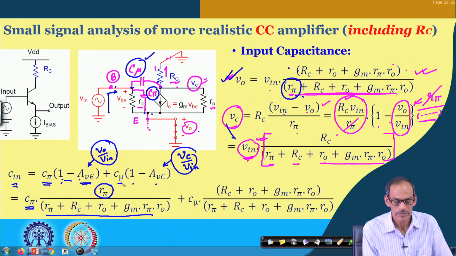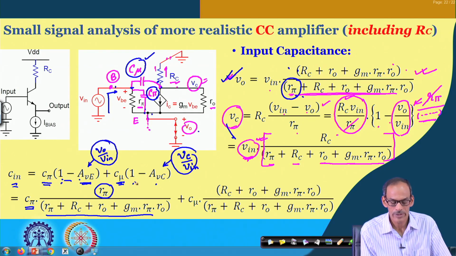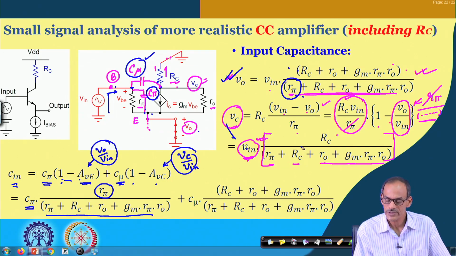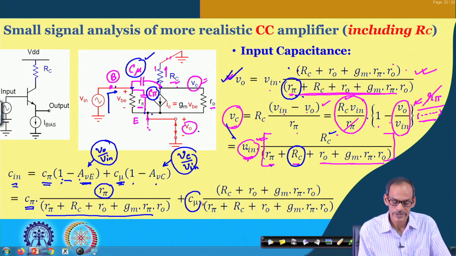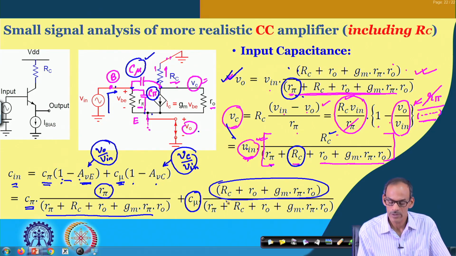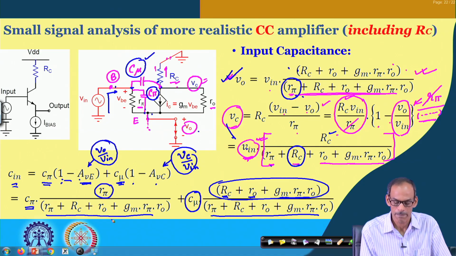Likewise, when you consider the contribution of C mu, and take this ratio subtracted from 1, except R C, which is here, the rest of the things will be there. So that is why C mu is getting multiplied by this part, which has R C, then R naught, G m into R pi into R naught, and then the denominator is the same as this one.